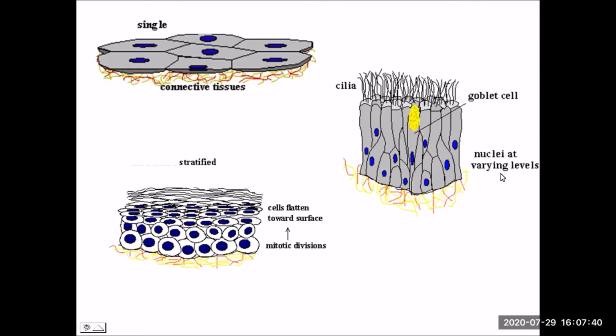So going back to the concept of the layering, again, simple epithelium. That's when there's just a single layer of epithelial cells. So here on this diagram, we have the deeper underlying connective tissue here. We have that area representing the basement membrane, and then just one layer of epithelial cells superficial to the basement membrane.